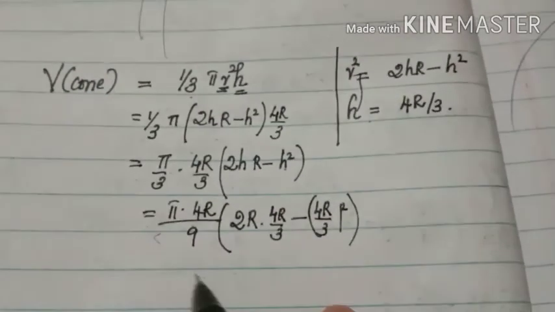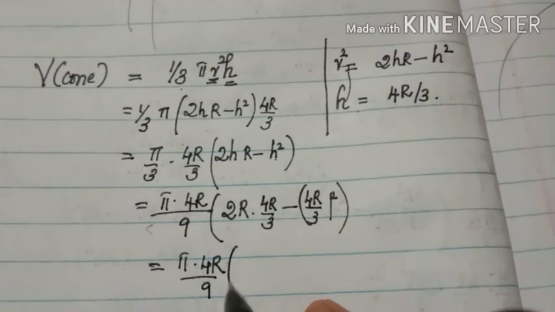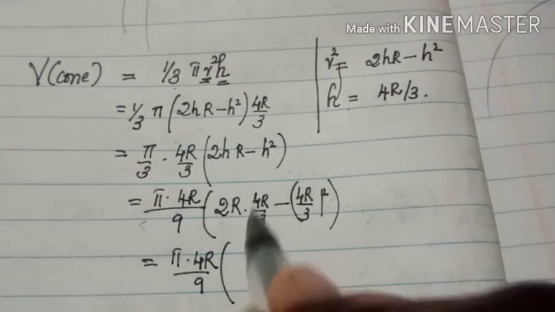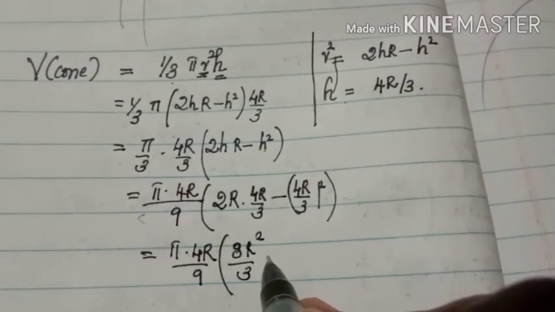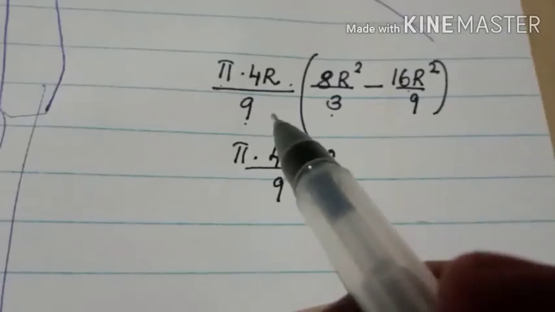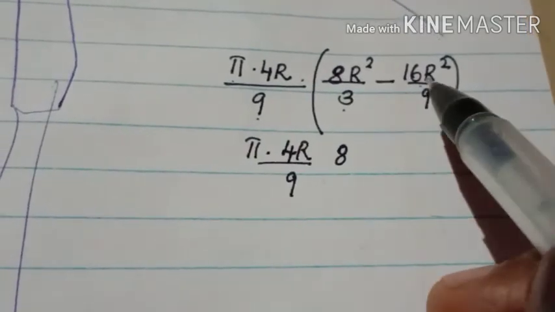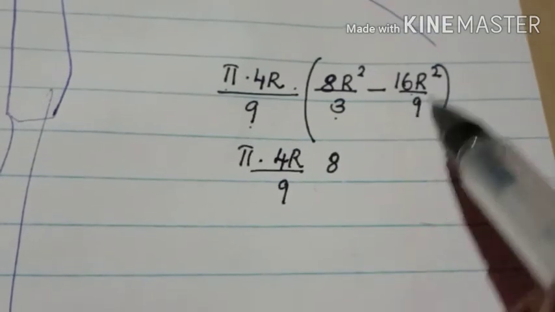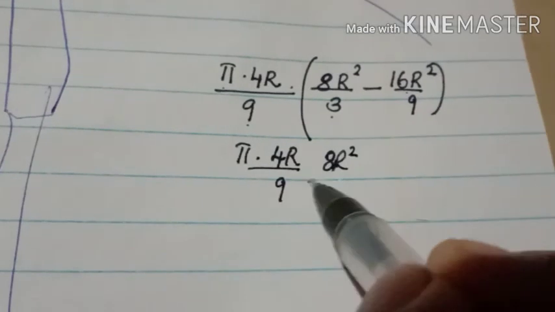Okay. This is pi into 4r by 9 into 2 into 4, 8r into r square by 3, minus 4 square is 16, r square by 9. Okay. Now take here pi into 4r by 9 into 8r square by 3 minus 16r square by 9. From this bracket take the common factor. 8 is common, r square is common, 3 is common.